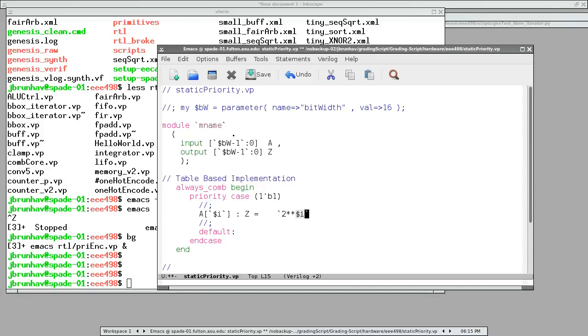So if I is 0, we get 1, and so on and so on. And then this is $BW tick D tick.